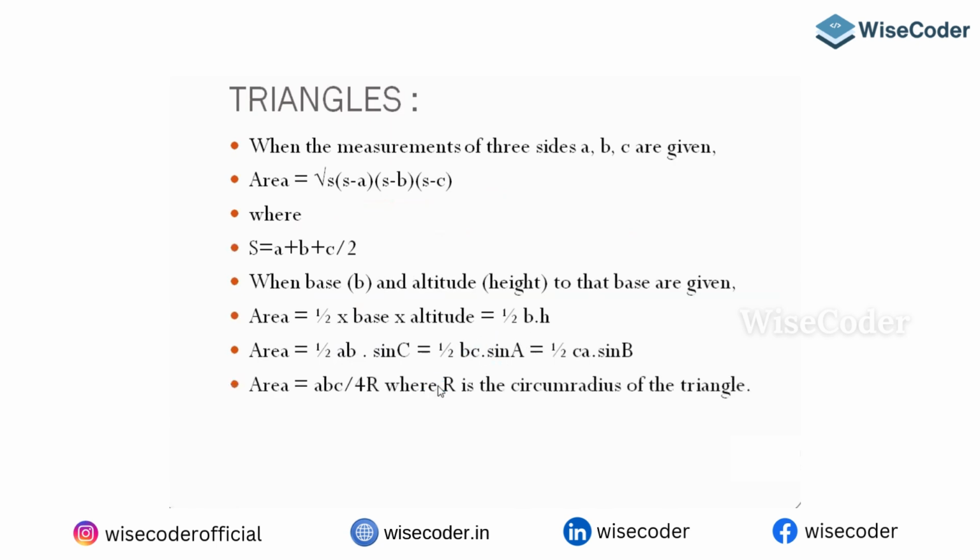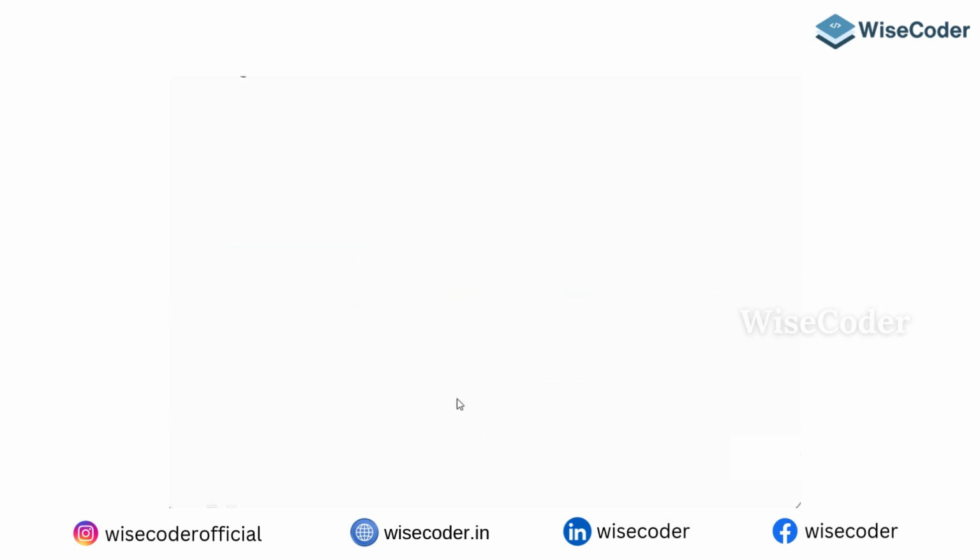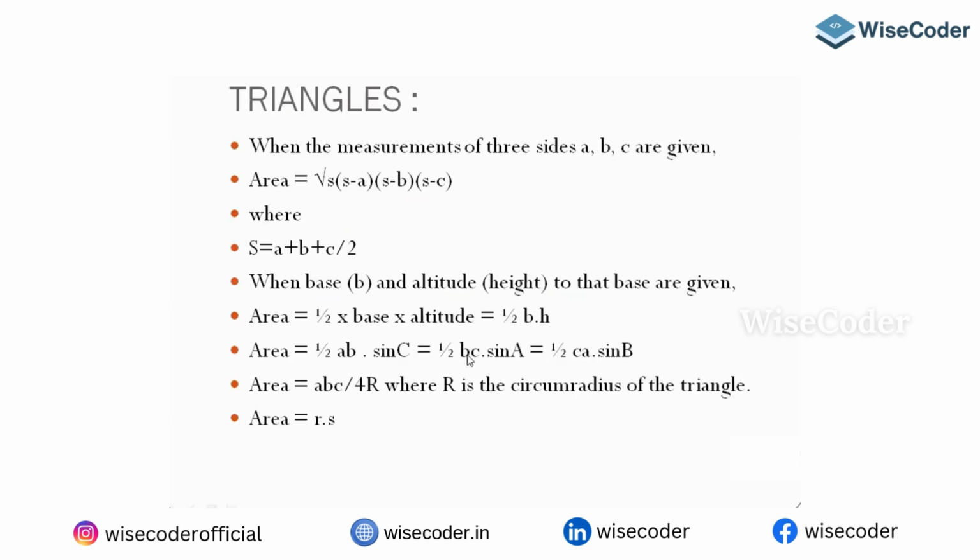Where R is the circumradius of a triangle. And if you go back to the last formula, it is R into S, where R is the inradius and S is the semi-perimeter.